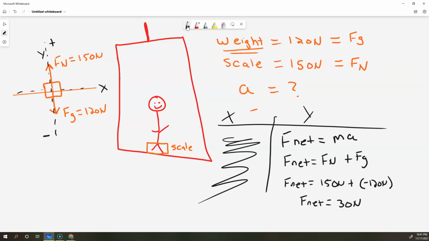Great, I have figured out that F net is 30 newtons. It came out positive, so that's up. And now that I know that, I'm just going to erase here for the sake of space. I can go back and try to solve this other equation.